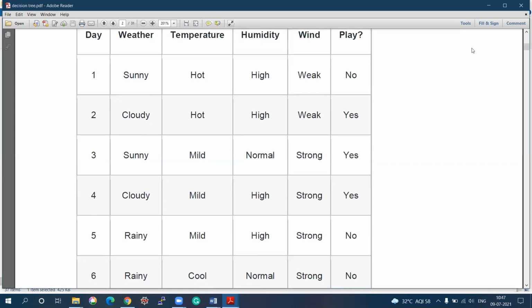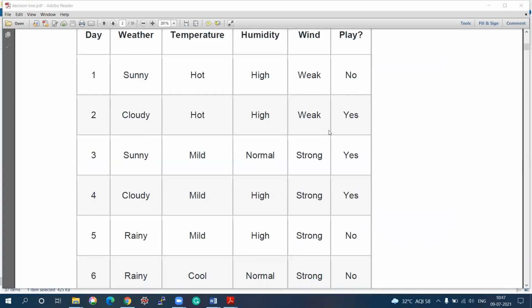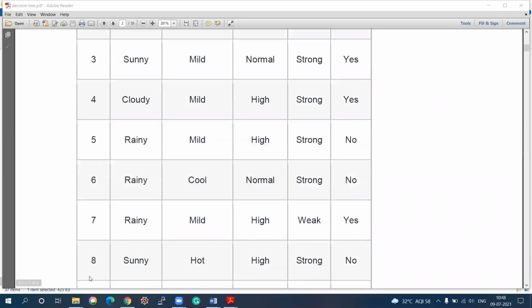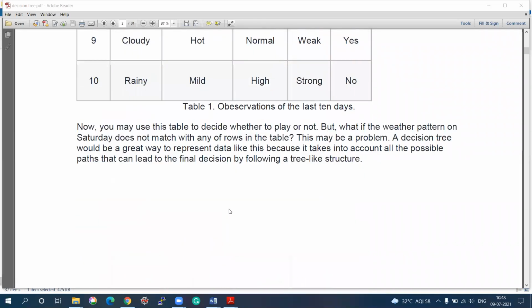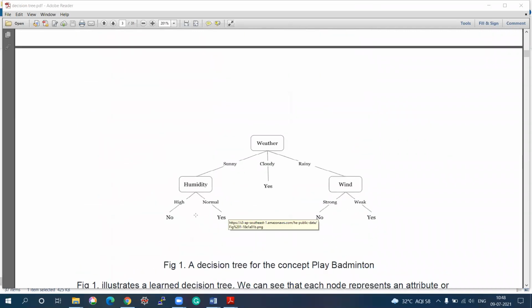Then how will it work? That is our main question: how the decision tree works. Suppose we take one instance whose entries do not match any other entries of the same examples. Then how will the decision tree take the decision?